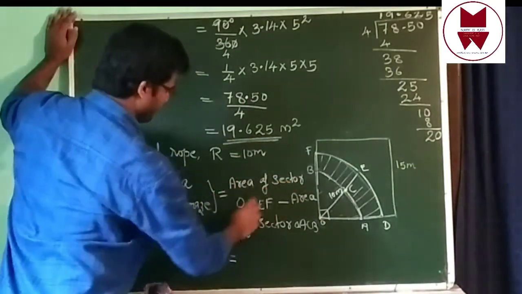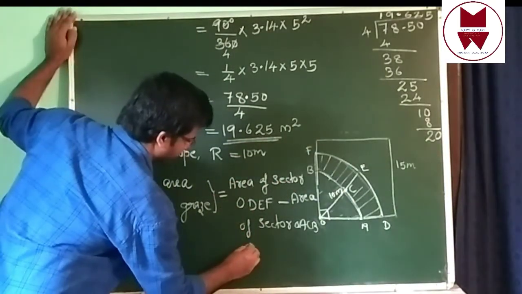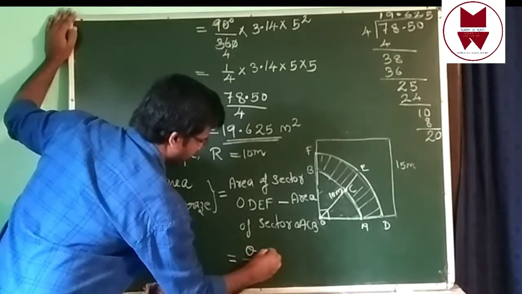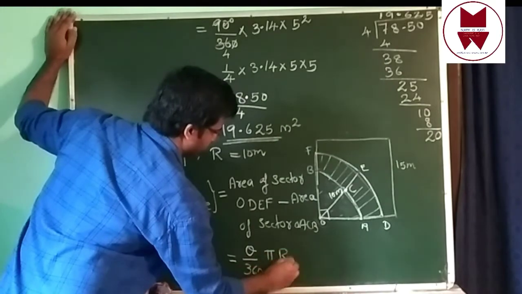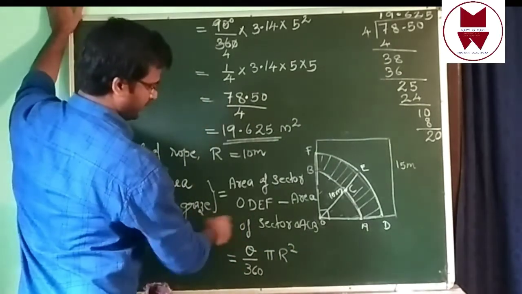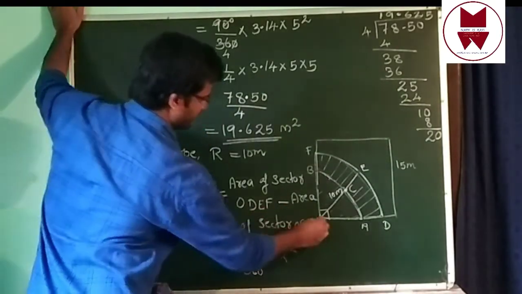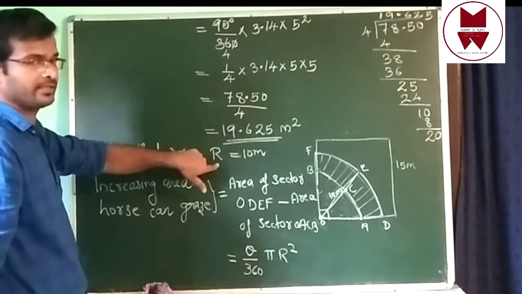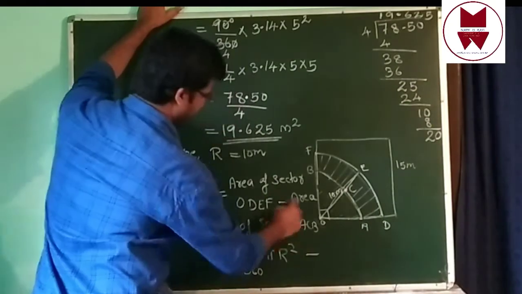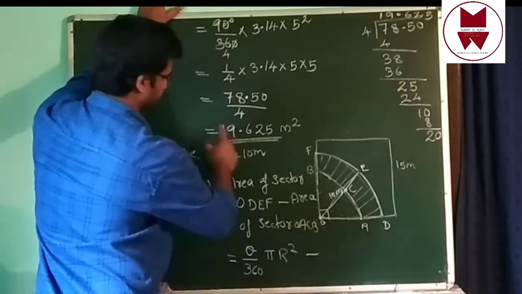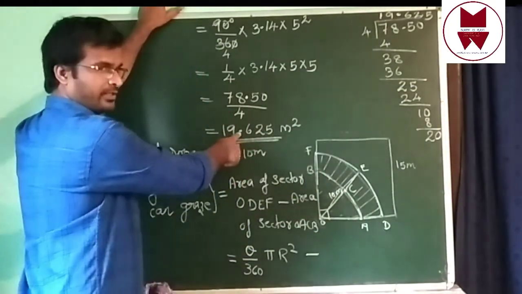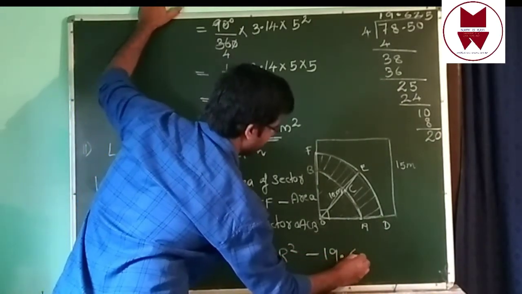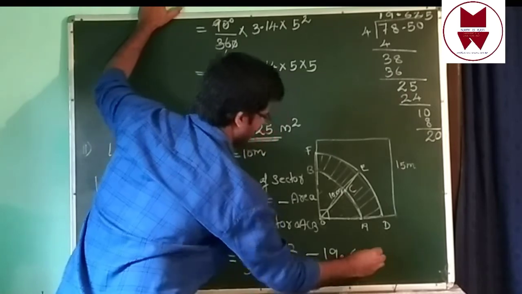Then area of sector, same formula we can use, theta by 360 pi R square, because the radius of ODEF, if you consider the total radius, that is 10. Then minus area of sector OACB. This area you already found, the same number, 19.625.